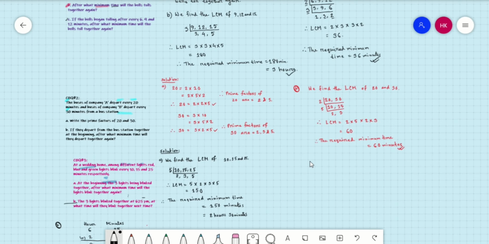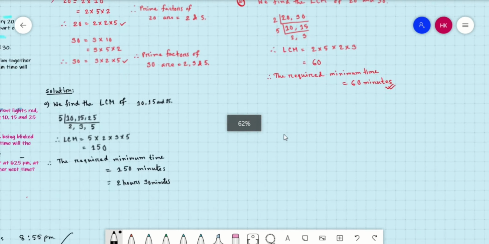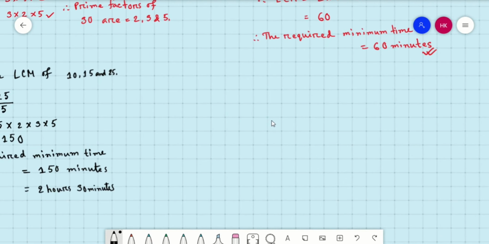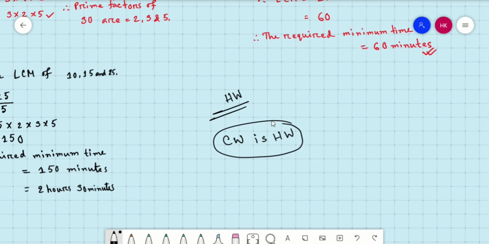So this is time to give you some homework. Your HW for today's class will be: CW is HW. That means the three maths we have done in this class will be your homework.